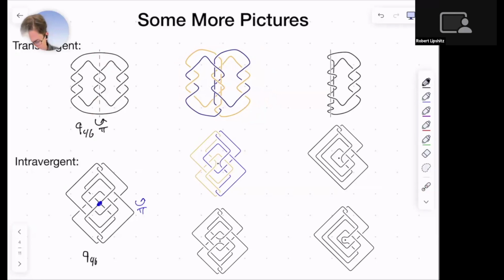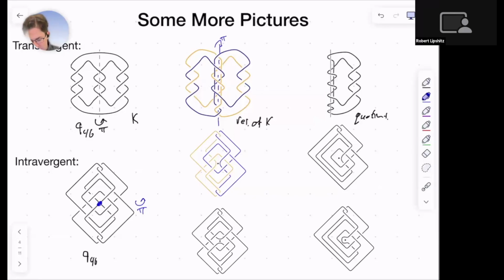So this is K, and this is a resolution of K. And this is the quotient. Once it doesn't intersect the axis anymore, here's the axis there, it's easy to take the quotient.